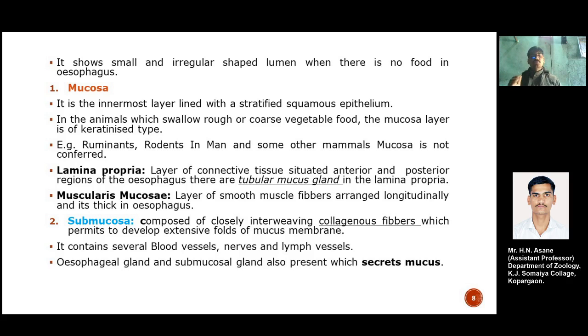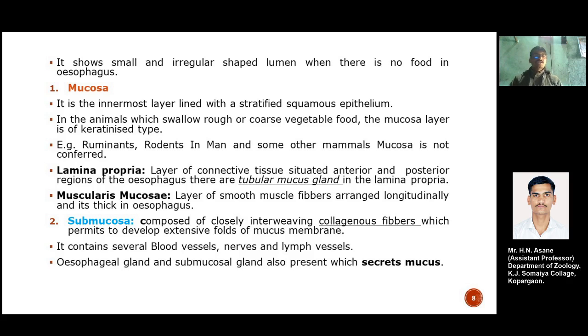Tubular mucous glands are present in the lamina propria, and they secrete mucus. The muscularis mucosa is another layer of the mucosa, a layer of smooth muscle fibers arranged longitudinally, and it is thick in the esophagus region.